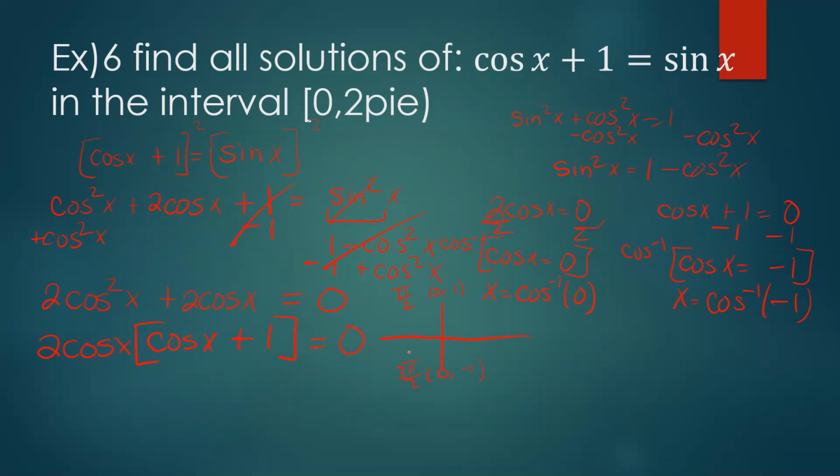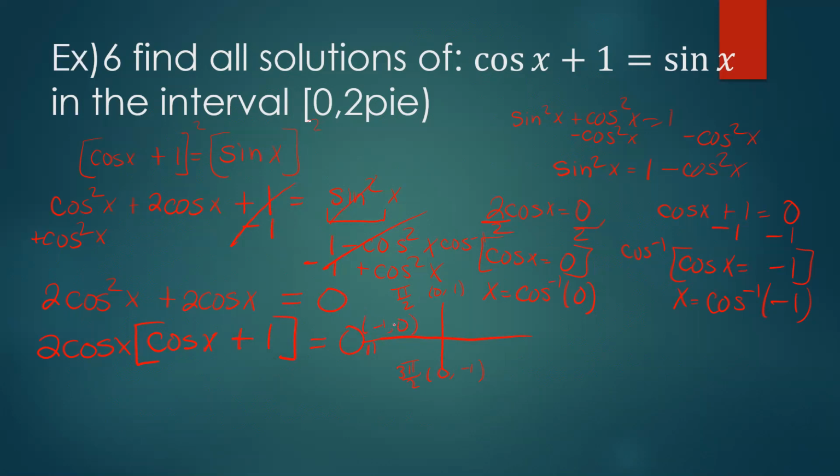Okay, so we did 0. Now let's do cosine inverse of -1. So what angle in radians is going to give you a cosine of -1? That would be pi, right? Because pi gives you a coordinate of (-1, 0).